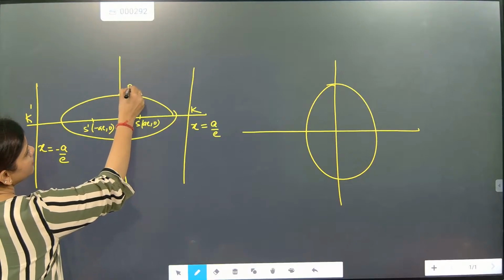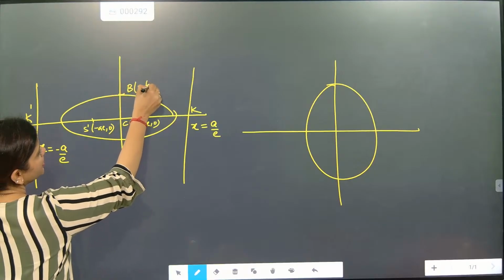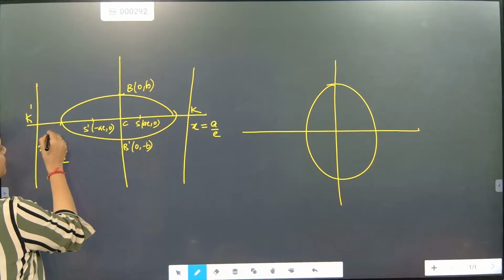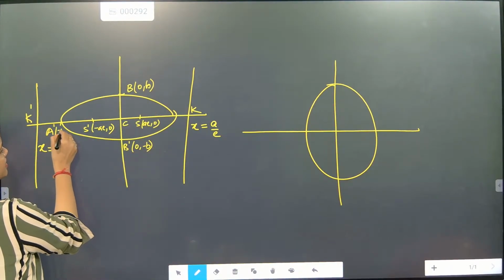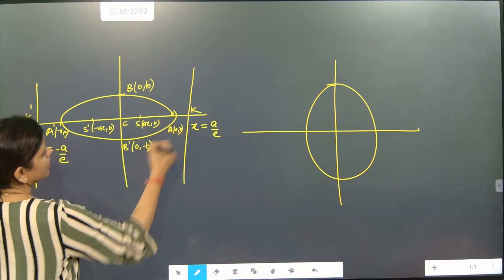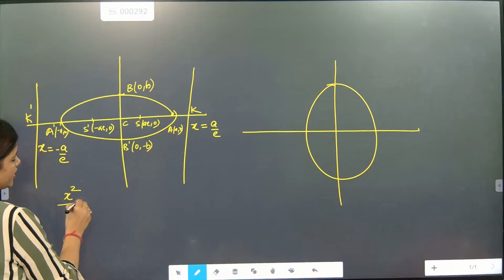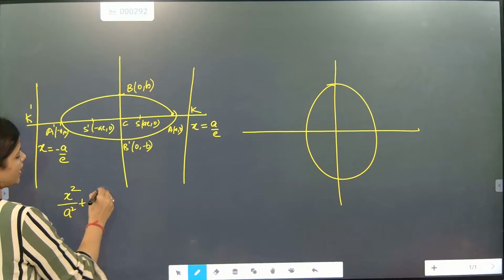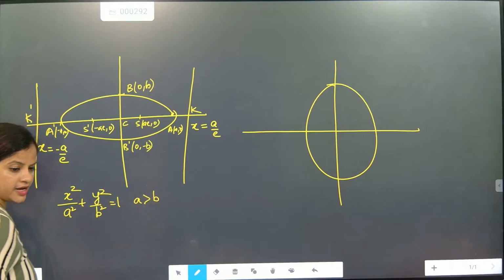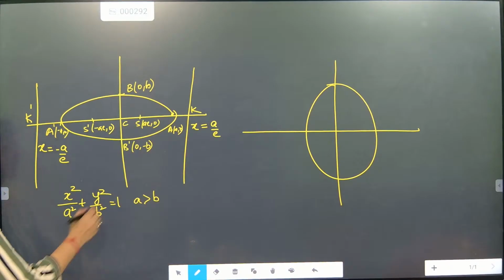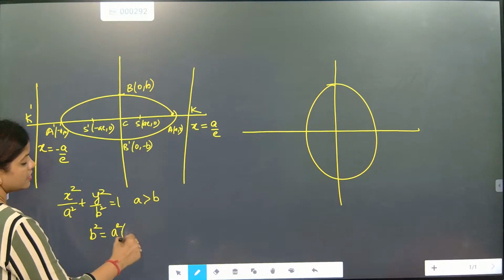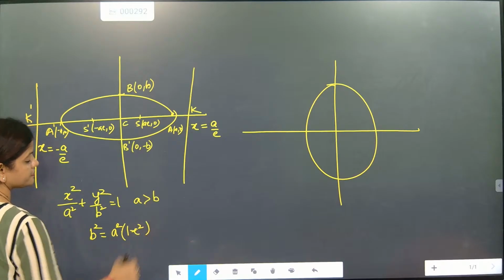Now this b part will be there, it is coming 0 comma b, and this b dash will come 0 comma minus b. This part will come as a dash, minus a comma 0, and here it is a comma 0. Now, beta, the equation is x square by a square plus y square by b square is equal to 1. Here a is greater than b.